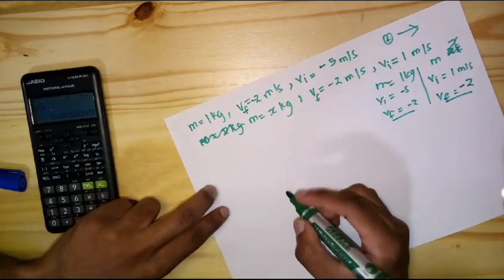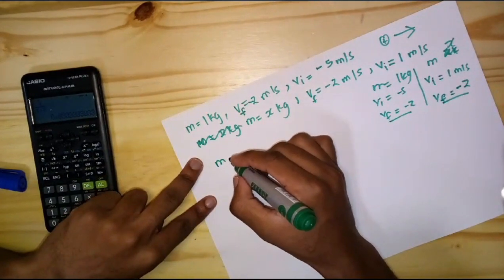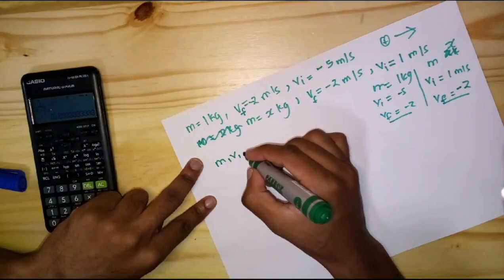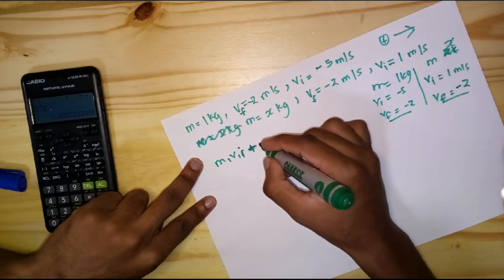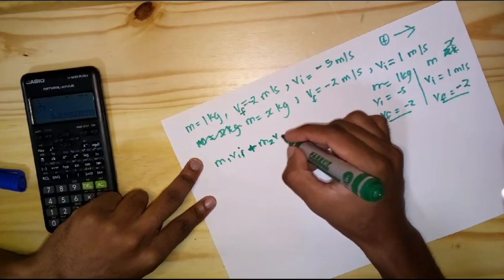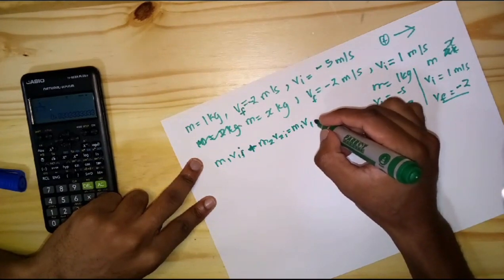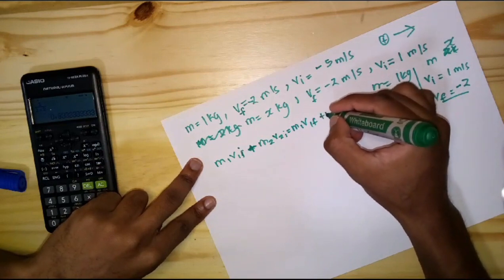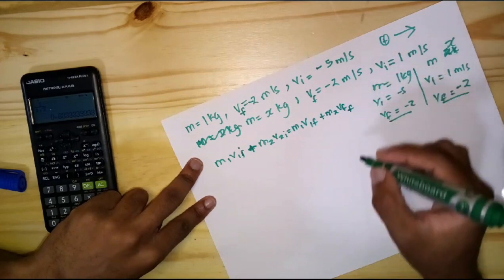So you're going to write out your formula: m1 v1 initial plus m2 v2 initial is equal to m1 v1 final plus m2 v2 final.